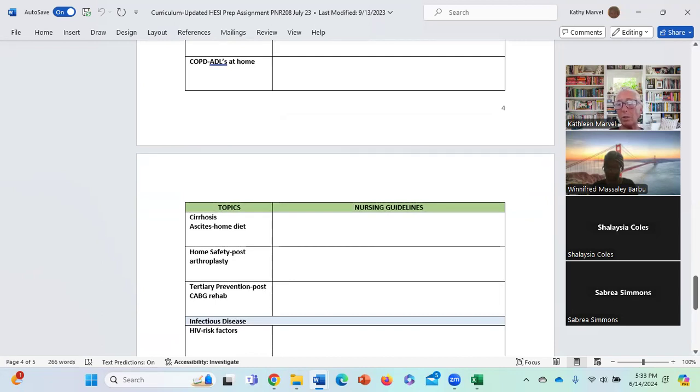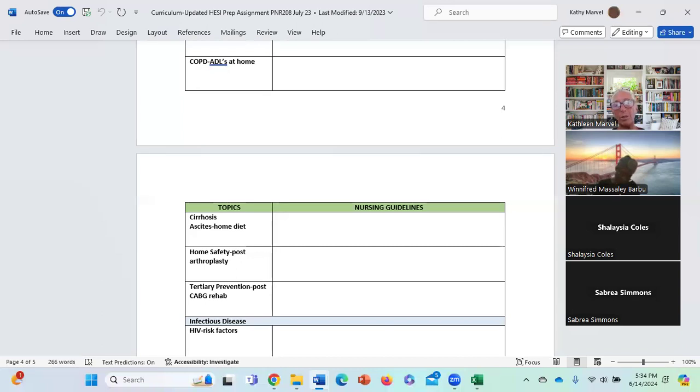Remember that quiz question about not removing the oxygen during their meals? How do you support a COPD patient at home with their ADLs? Frequent rest periods. What else? Small meals, not big ones; small frequent meals versus three big meals, right?